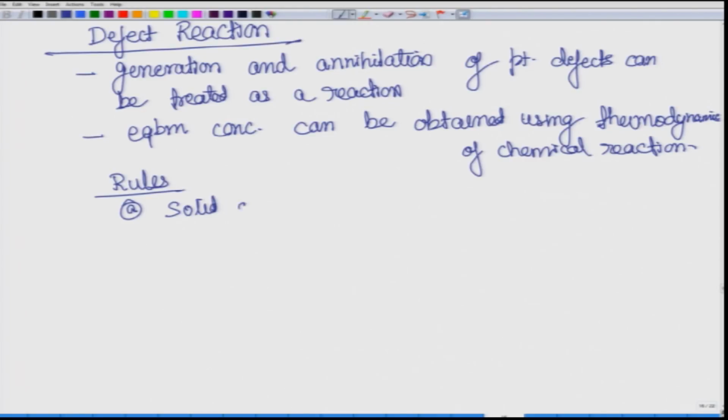So, solid containing defect is equal to solid solution. It has to be treated like a solid solution, and that we have already seen even when we were trying to get the configurational entropy, that it has to be treated like a solution. So, that is one thing.